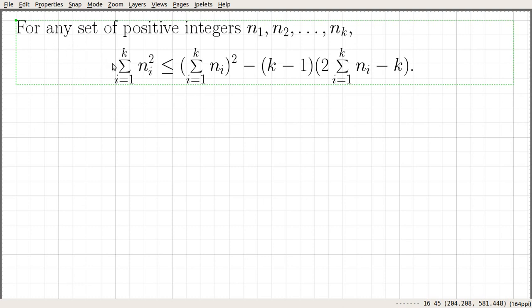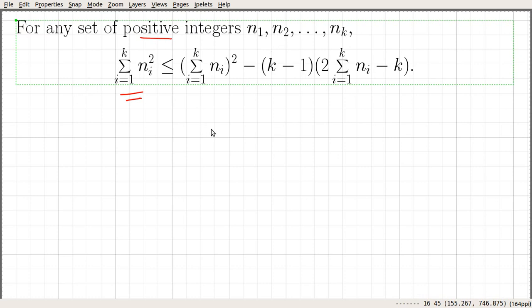So this statement says for any set of positive integers n1, n2 up to nk, this term sigma i equal to 1 to k ni squared is always less than or equal to sigma i equal to 1 to k ni the whole squared minus k minus 1 into 2 times sigma i equal to 1 to k ni minus k. Anyway, we will prove this statement after proving the previous one. So we are going to use this inequality there.